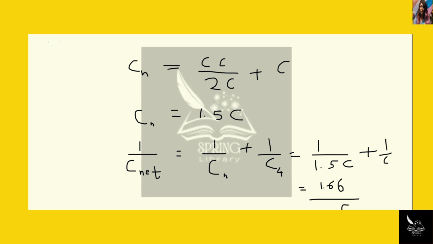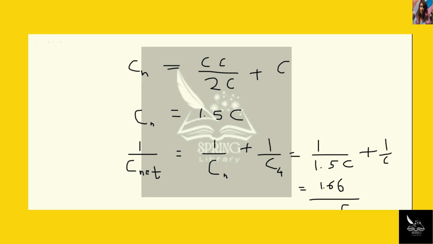Now, to find the net capacitance of this system with the capacitor C4, we need to do the series capacitance because C4 is in series with all three capacitances. The series capacitance is given by 1 over C net, which is equal to 1 divided by Cn, capital Cn, plus 1 divided by C4.